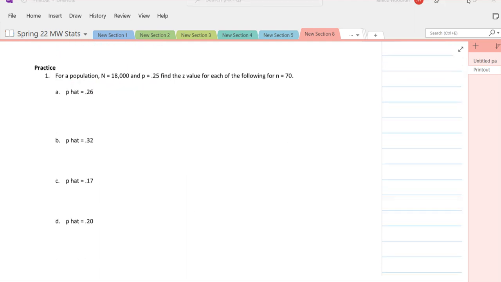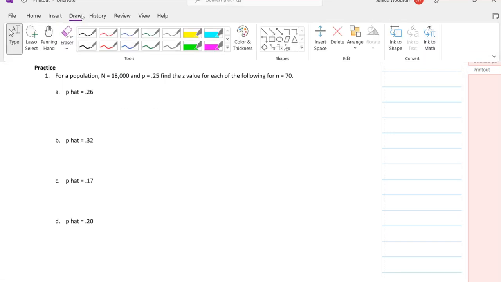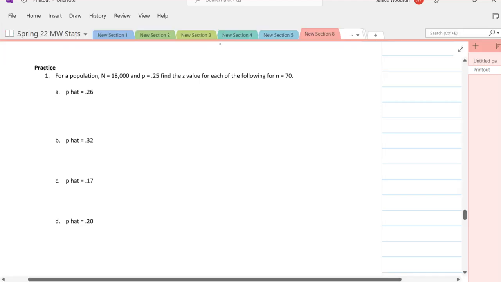All right, let's go ahead and take a look at these. So we have a sample size of 70. You have a p of 0.25, which makes q what? 0.75. Okay, so we will find the standard deviation of p hat.